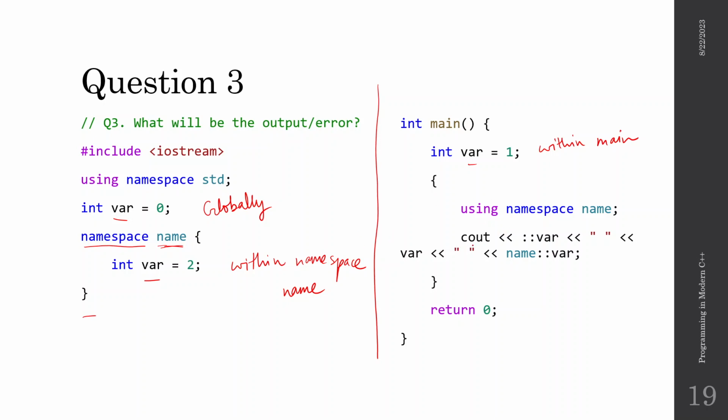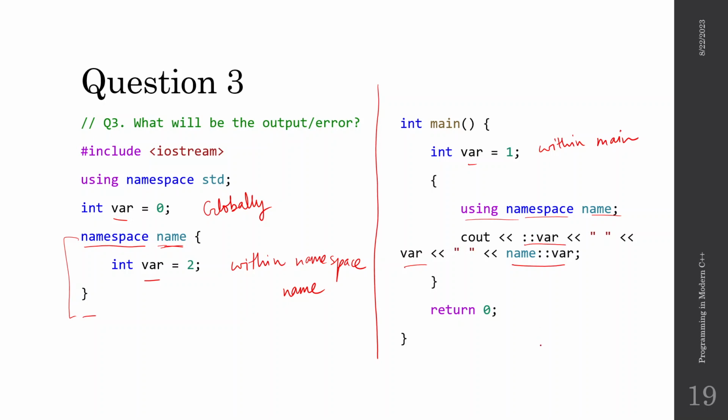Okay, so now here we are printing it. One other thing is that we have written here using namespace name. Okay, so that will use this namespace. Anyway, so in the printing line we have colon colon var, and then we have var without the colon, and then we have name colon colon var. So colon colon var means the global namespace.